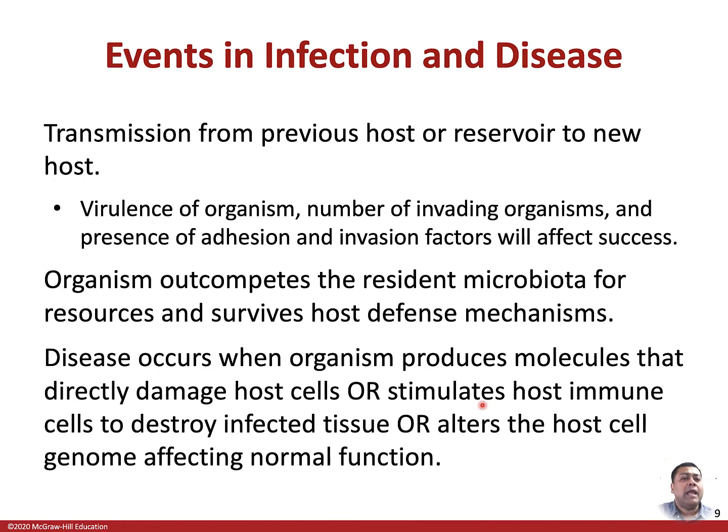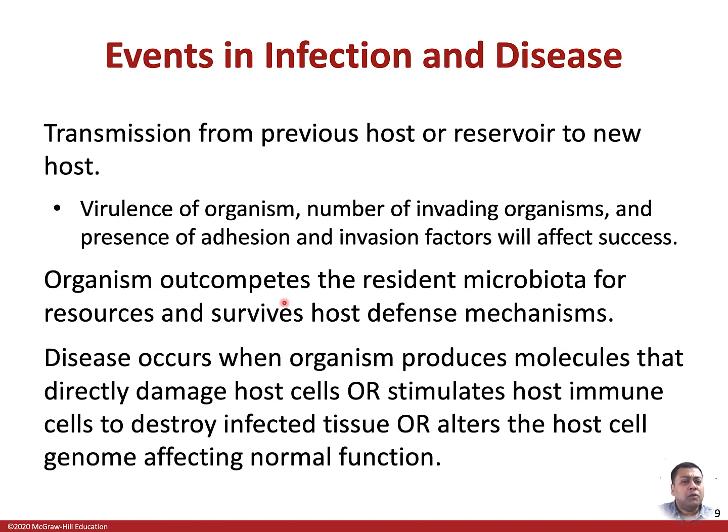So after that we are looking at what the events in infection and disease are. The transmission from a previous host or a reservoir to a new host is the first event in the disease. The virulence of an organism, the number of invading organisms, and the presence of adhesion and invasion factors will affect the success of the pathogen in establishing and starting an infection.